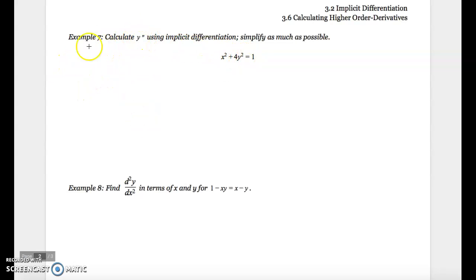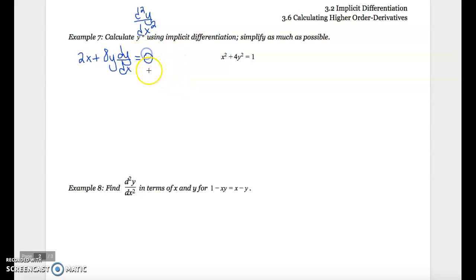So y prime, or this is also another way of saying I want the second derivative, right? So I'm going to start with this piece. Derivative of x squared is 2x. Derivative of 4y squared is 8y dy/dx, because every time you take the derivative of a function that has y in it, you have to tack on a dy/dx.